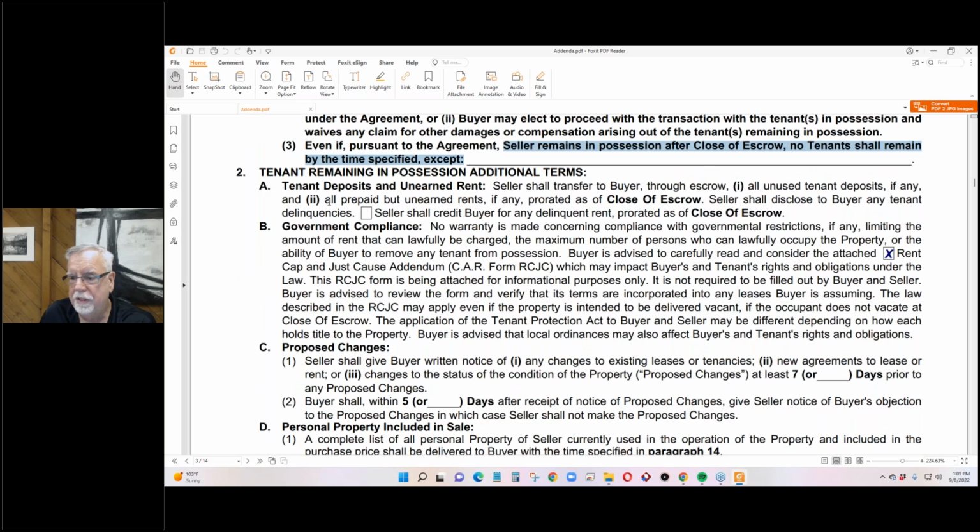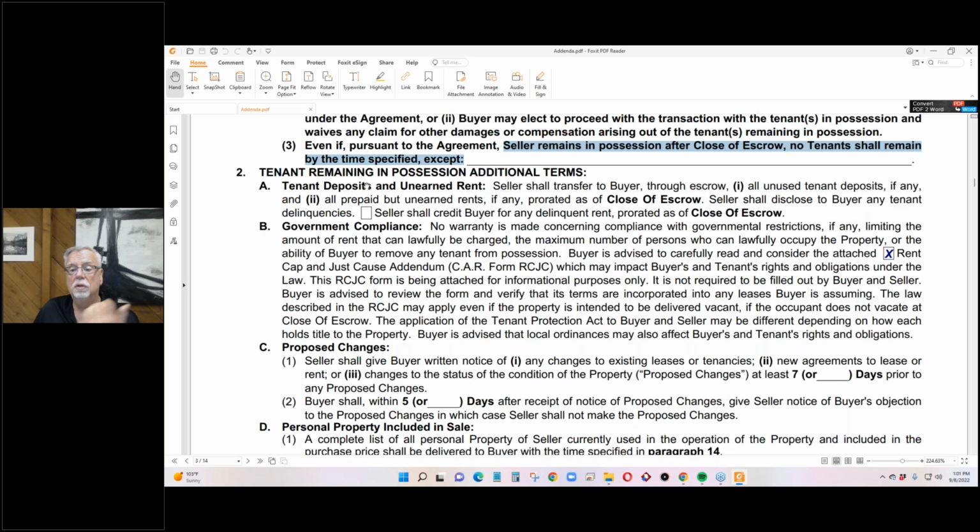Now, some of this is simply what we're prorating, what is normal. So if the tenant is remaining in the property, that's what this is referring to. If the tenant is remaining in the property, then things like the security deposit, all that sort of stuff shall be turned over to the new owner, to the buyer, and any rent and things like that will be prorated.